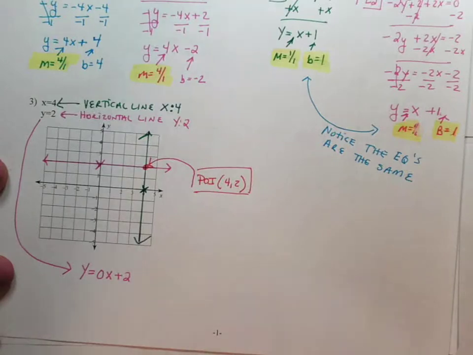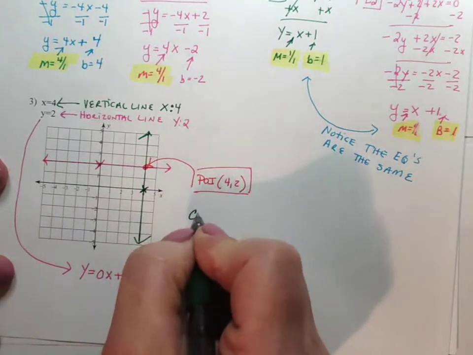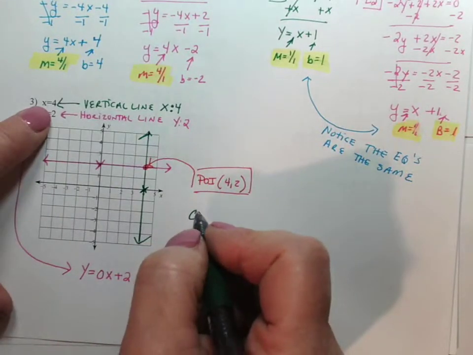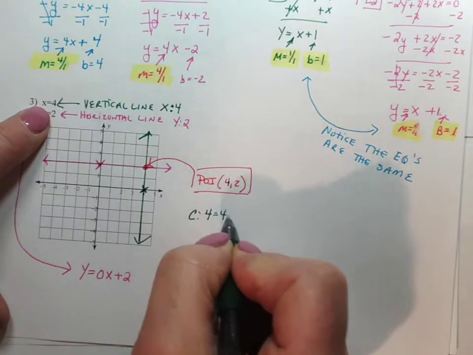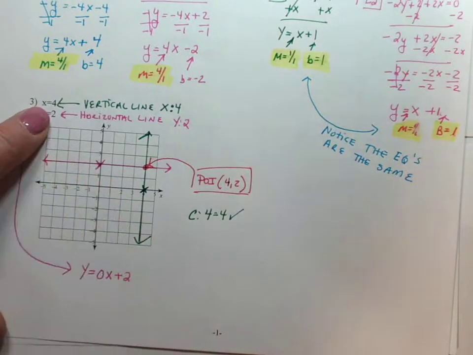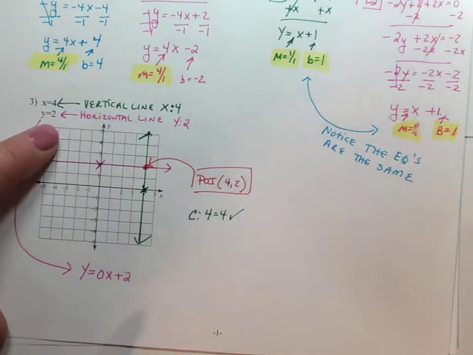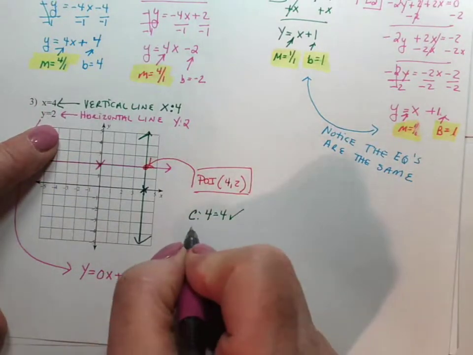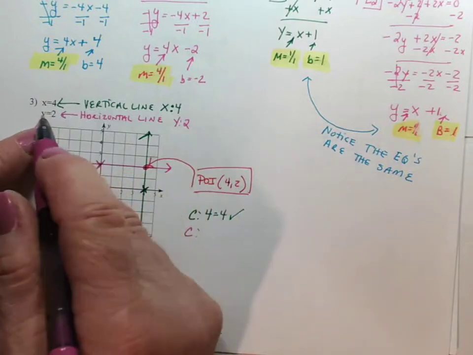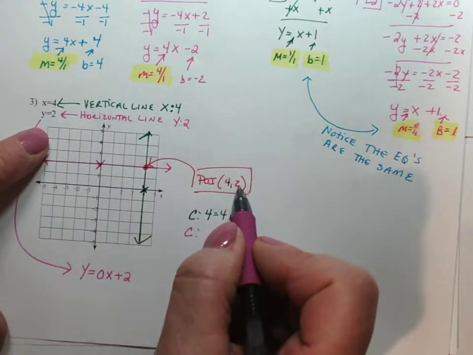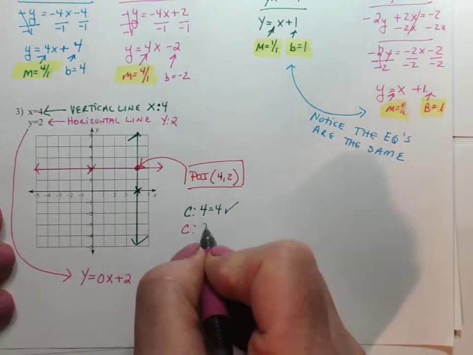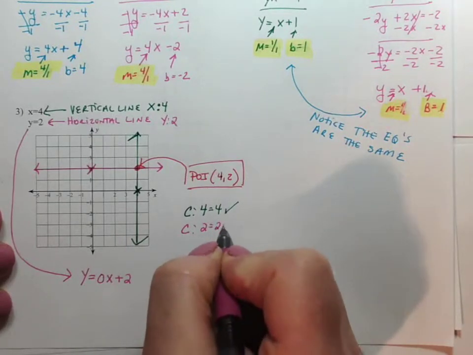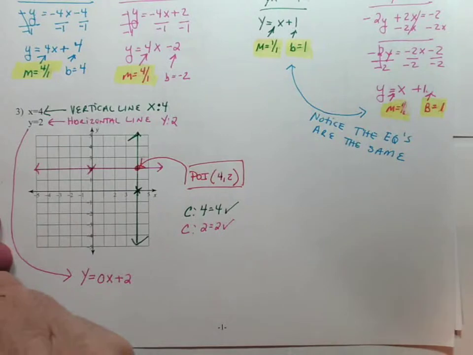We check the first equation. Our x is 4, so 4 equals 4. It checks in the first equation. Now, we're going to check the second equation. Our y is 2. So 2 equals 2. It checks.